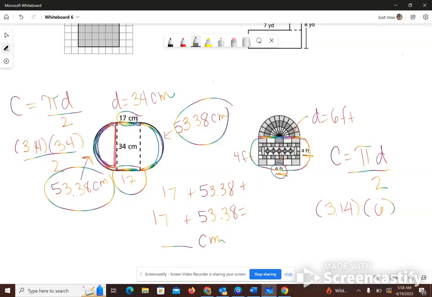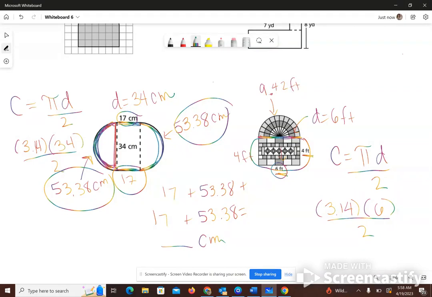And then it is a semicircle, so I've got to divide by 2. So 3.14 times 6 divided by 2, I get an approximate semicircle circumference of 9.42 feet.